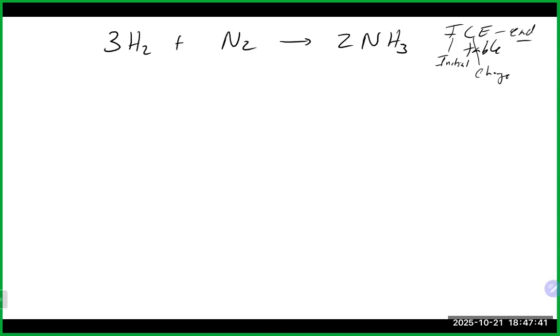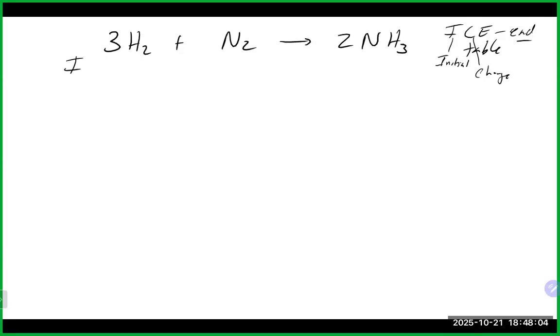So the first two steps of any approach that you take are pretty much the same, which is you need to have the equation balanced and you need to convert things to moles. No matter which approach you take, everybody has to do those two steps. So once you have it in moles, we're going to do our initial part here.